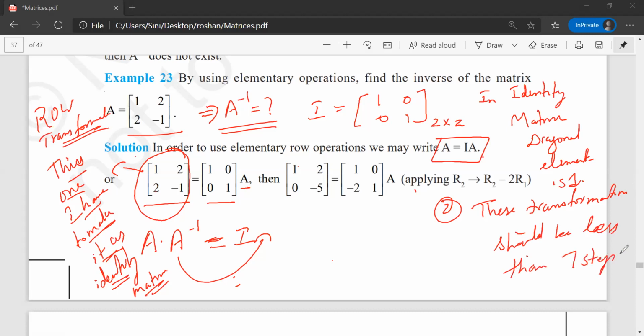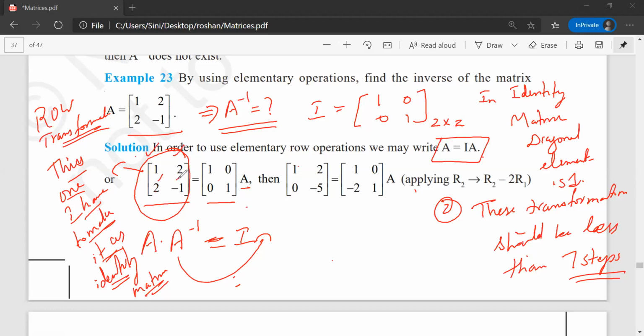If you're doing more than 7 steps, which means our answer is somewhere wrong. Less than 7 steps, we should get the answer. Clear? Less than 7 steps, that's it.